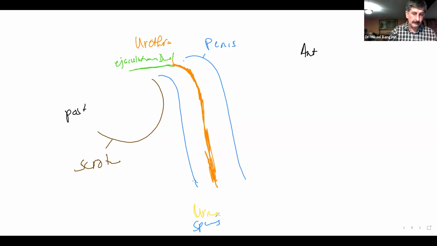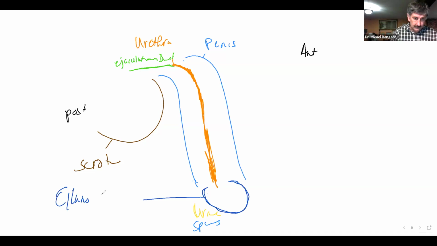Now, guys, if we look at the structure of the penis, at the end of it we have this structure here. That's actually going to be referred to as the glans penis.